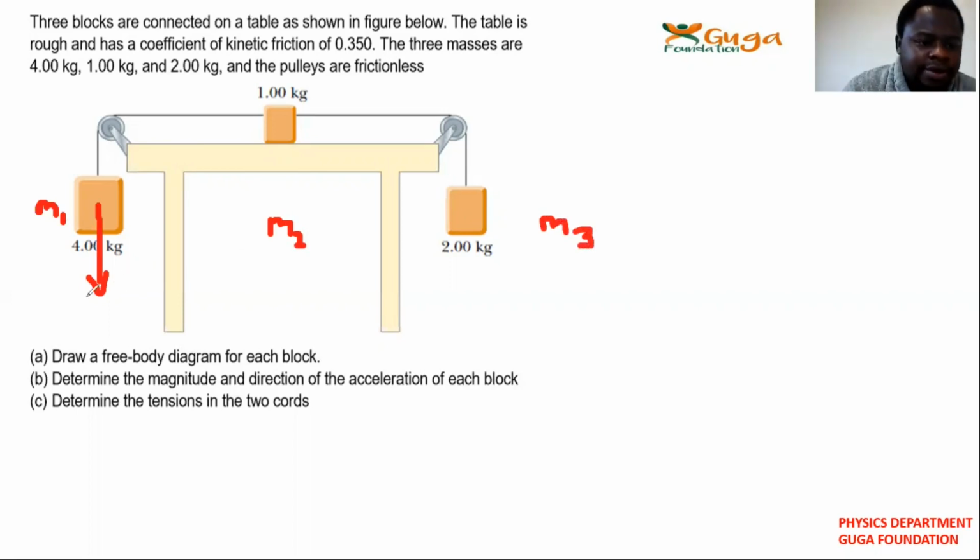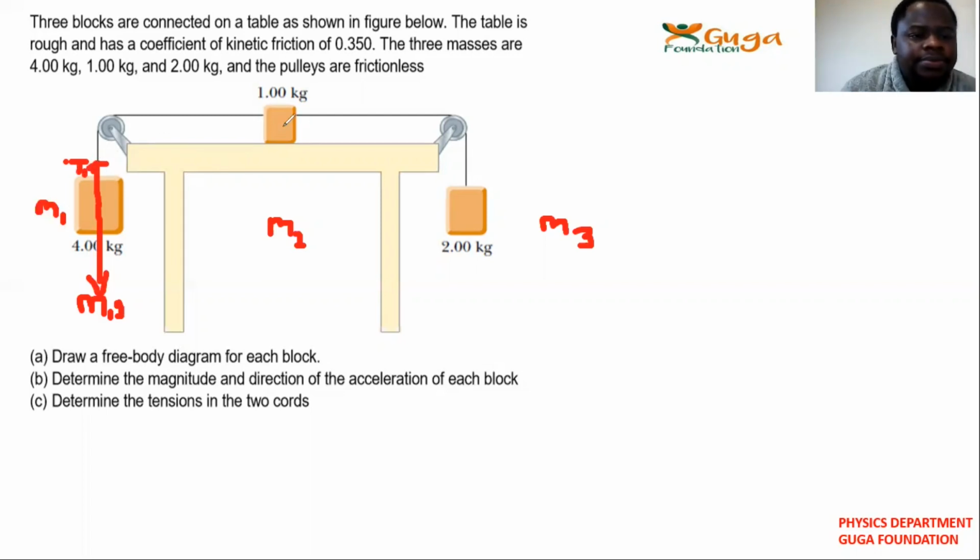Okay, so now here you're going to have a weight which is going to be M1G. And then obviously, here you're going to have a tension. We're going to call this one T1.